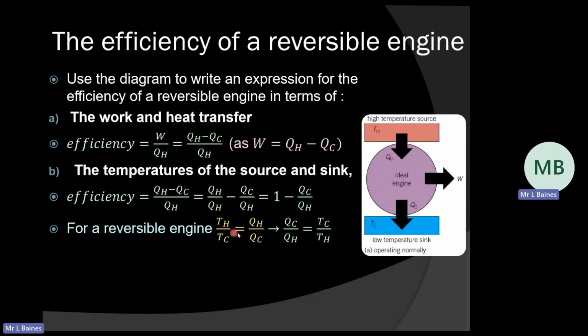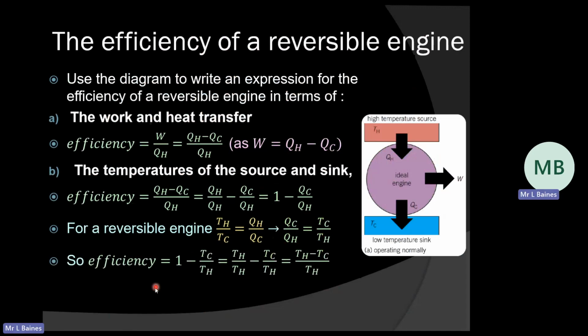Now, for a reversible engine, we also have the ratio. So we kind of flip this equation. It's exactly the same, but flipped over, because this time we're looking at the ratio of cold to hot in terms of heat energy and temperature. I know that my efficiency is going to be 1 minus QC over QH. And I know that QC over QH is the ratio of TC over TH.